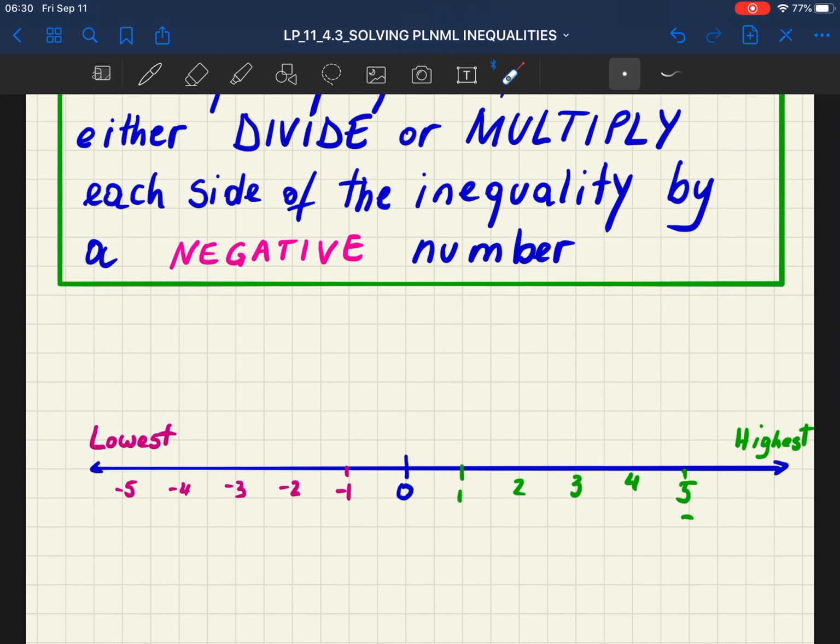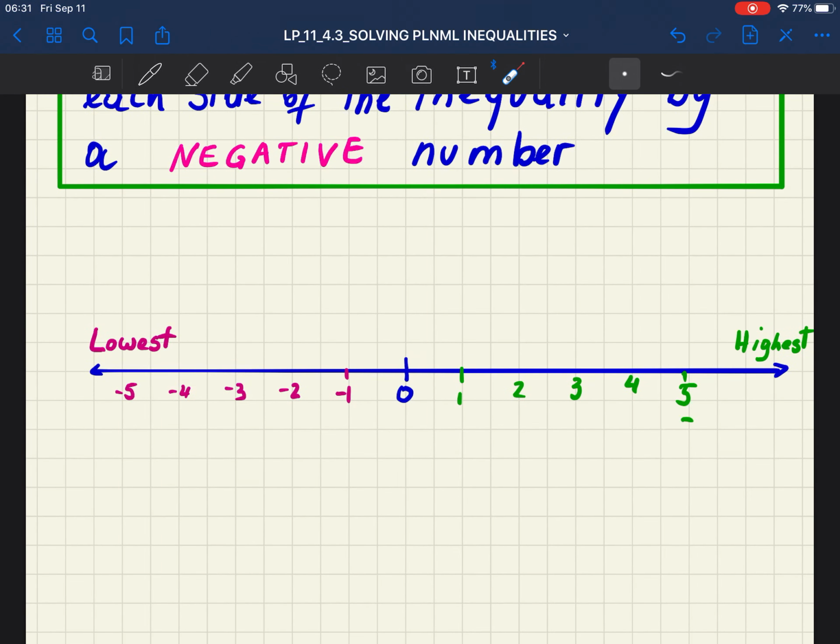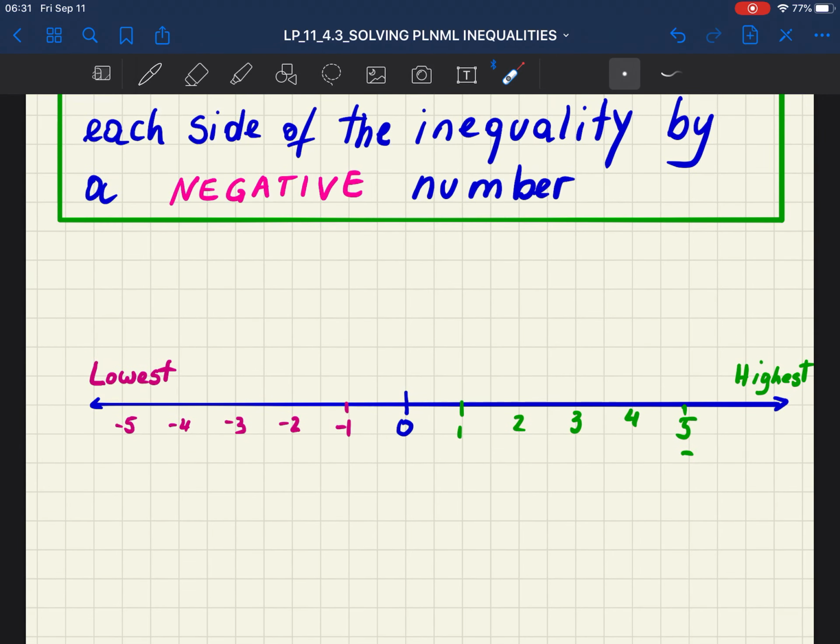But why does this happen? Here's an explanation that I hope you find useful. I've drawn the number line here, and I placed the 0 right in the center, with some positive numbers to the right of 0 and some negative numbers to the left of 0. When we place numbers on the number line, they are placed from lowest at the left end to highest.